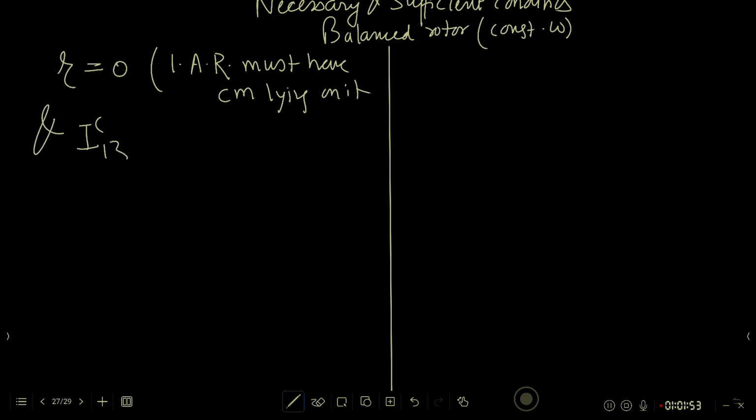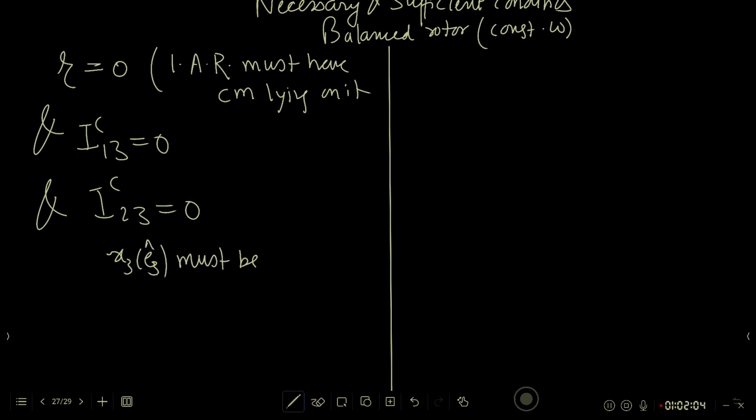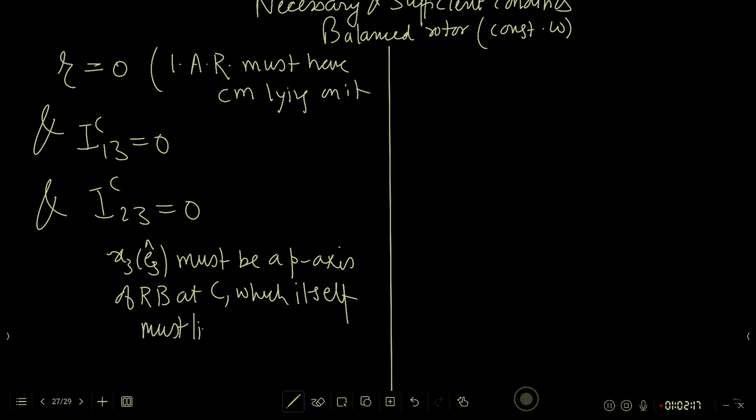In other words, X3E3 must be a principal axis of RB at C, which itself must lie on the IAR. This implies DRFS is 0. I stop here, we'll come back and meet again at 5:10.